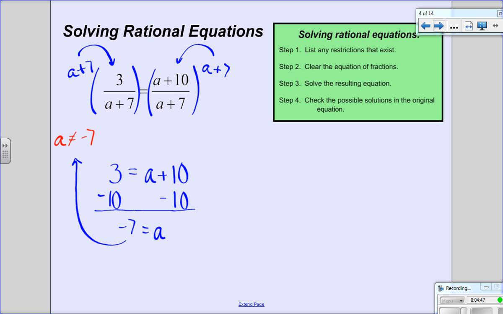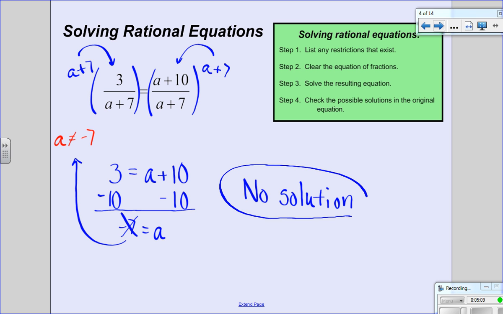So even though we got -7 as a possible solution, we now need to cancel that out and recognize that -7 is not a solution, and there are no other possibilities. So that means that for this rational equation, there's no solution. There's no value that would solve this, because the one possible value that we did get was actually restricted. That's why it's so important to check those restrictions.